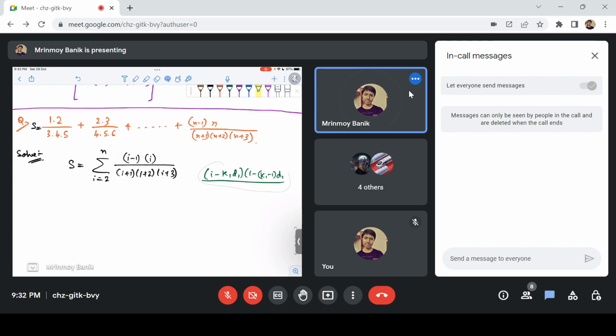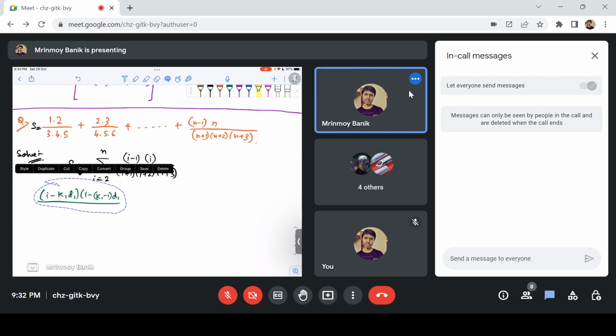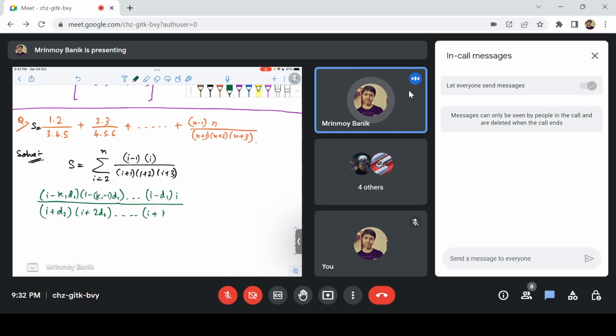Let me write it here. Up till I minus D1 times I. And in the denominator, suppose you have I times I plus D2 times I plus 2D2 up till I plus K2 D2.